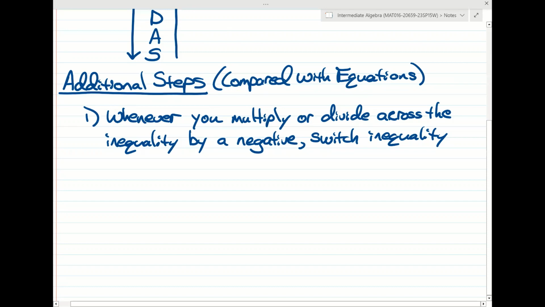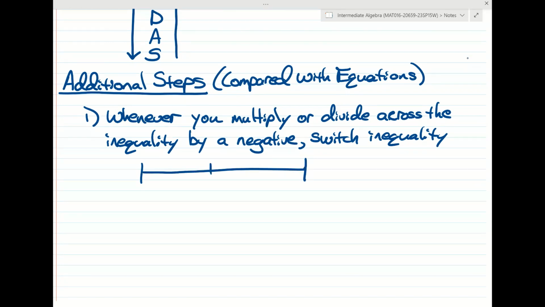All right. So, you might have been taught that before, but you might not have been taught why that is. So the reason why it is because on a number line, as the positive numbers increase in magnitude, so like 1, 2, 3, 4, the numbers are bigger this way.